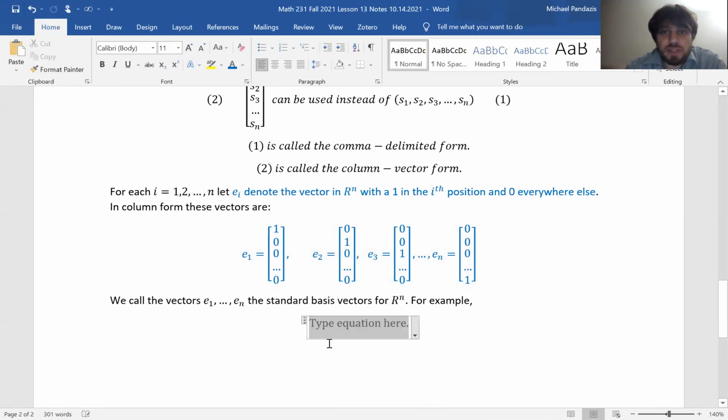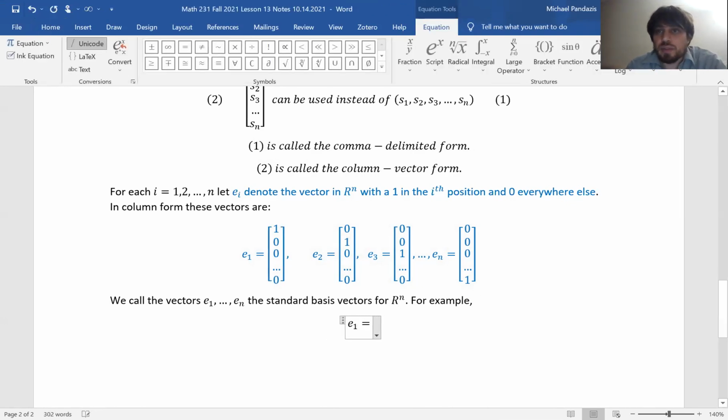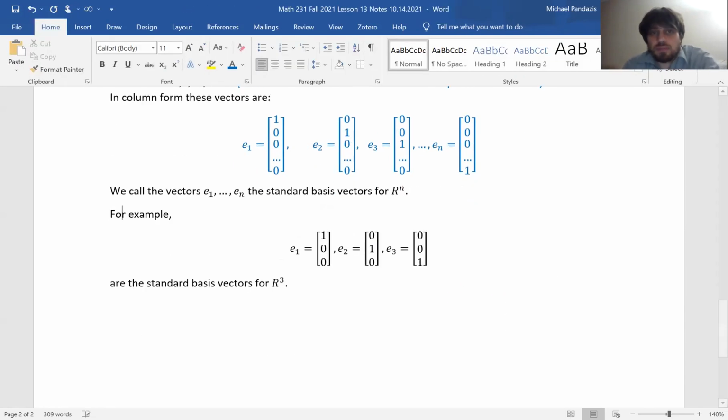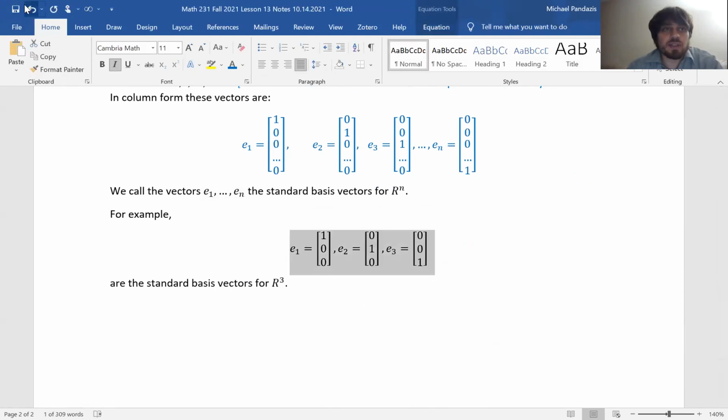For instance, if you had e1 equal to 1, 0, 0, e2 equal to 0, 1, 0, and e3 equal to 0, 0, 1, those three vectors are the standard basis vectors for R3.